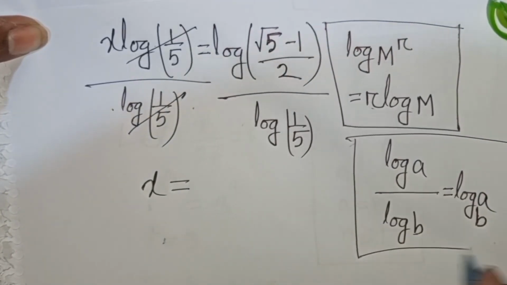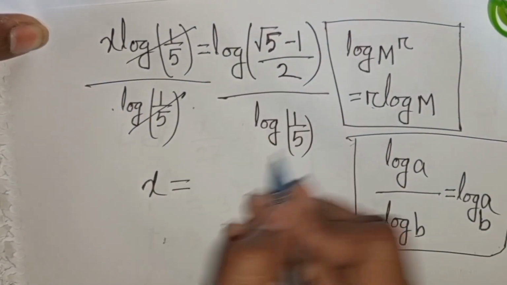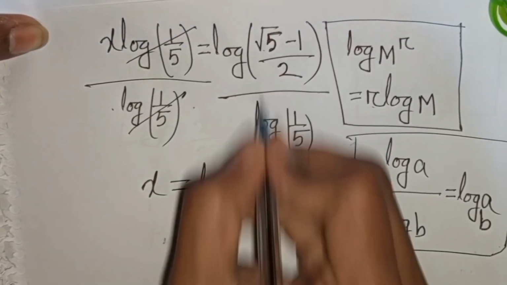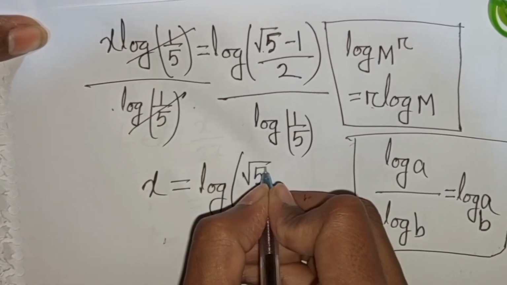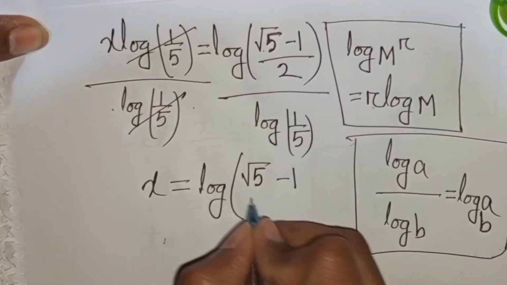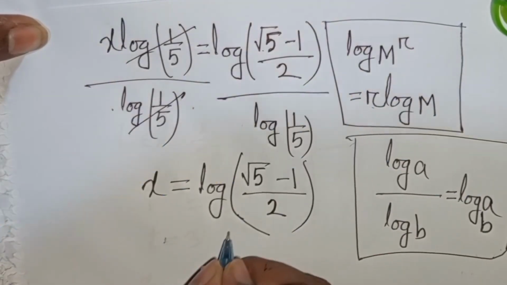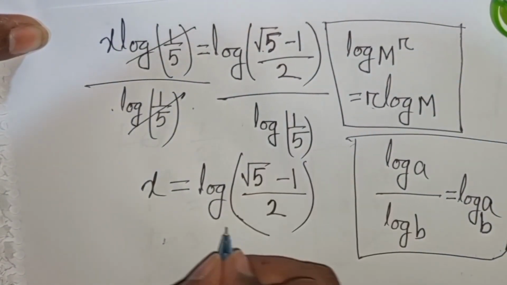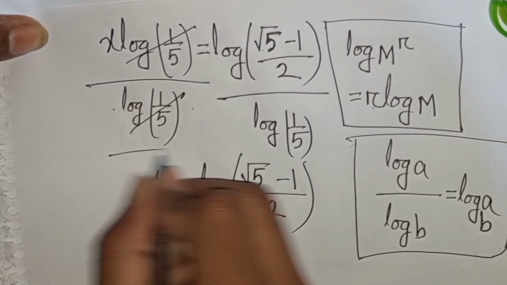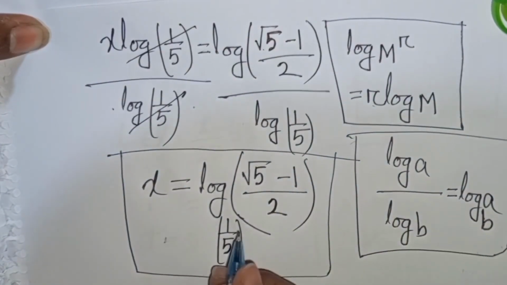So according to this formula, it will be log of square root of 5 minus 1 over 2, then base of 1 by 5. So this is the value of x. So this is our final answer.